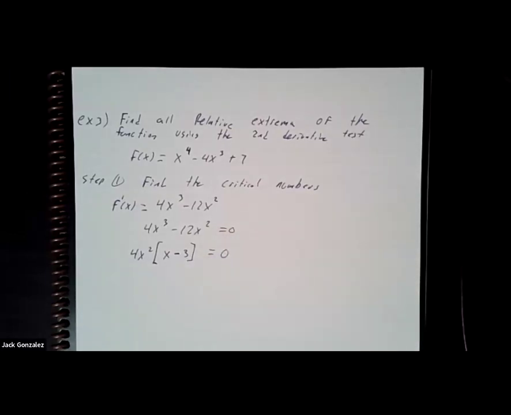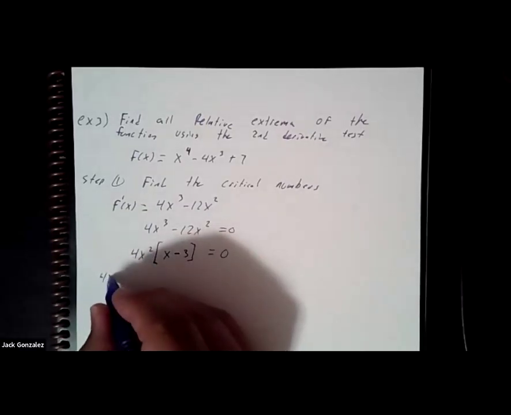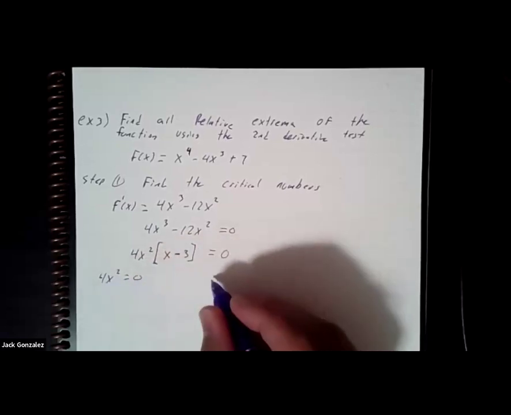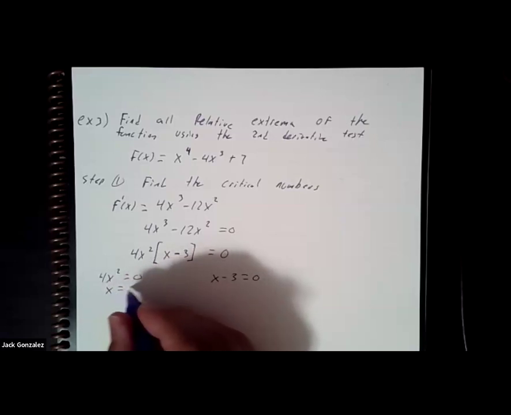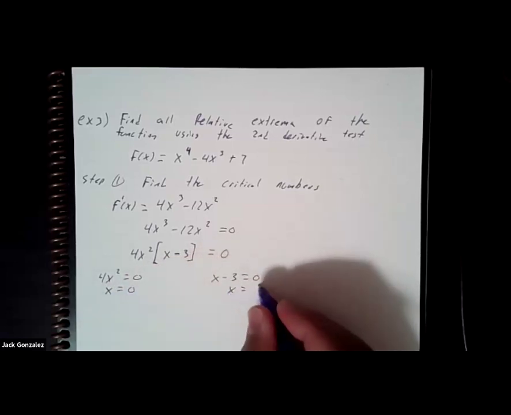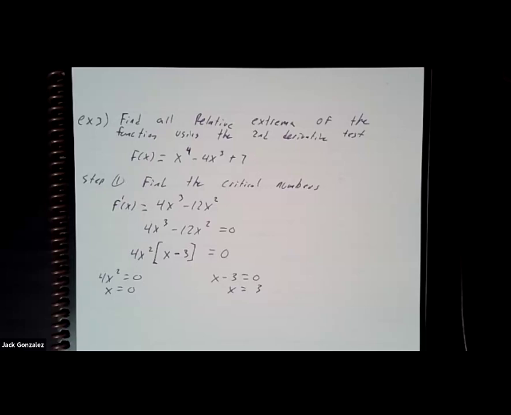Set each part to 0. All right, so we have two critical numbers.